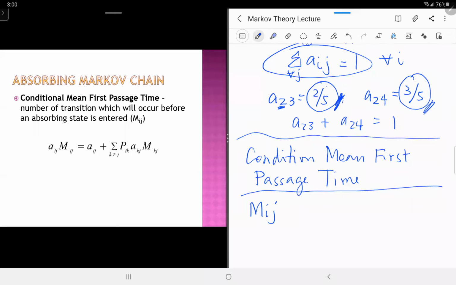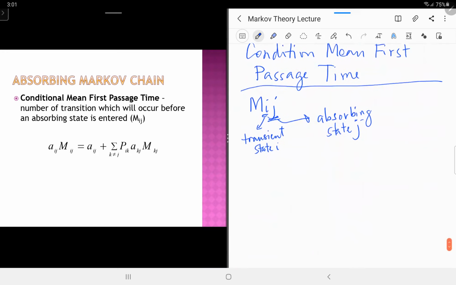So again, you will have a transient state I and an absorbing state J. And you're counting the number of periods or the number of transitions on the average that will happen before you are going to enter absorbing state J coming from transient state I. Okay, so again, the working formula, I will not write it anymore. But the working formula is this one.